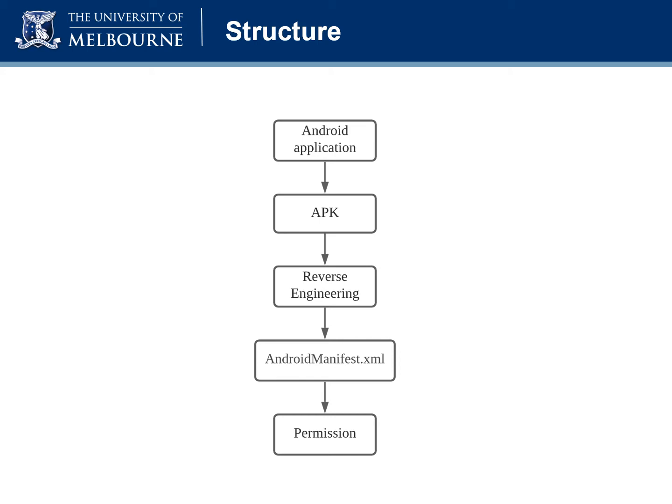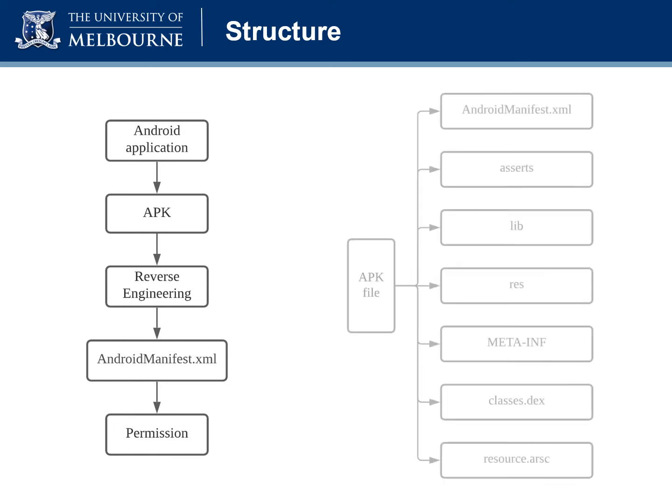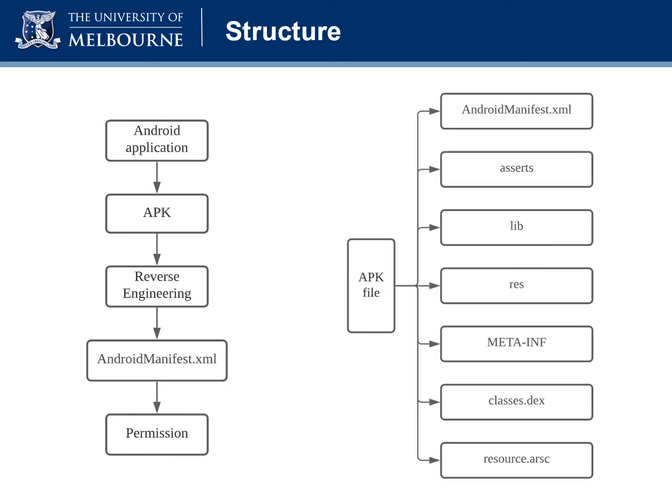First, we obtain the installation packages of each Android application. These are APK files, and you can see the structure of an APK file. We can use reverse engineering to decompile AndroidManifest.xml to get the list of mobile phone system permissions requested by the application.